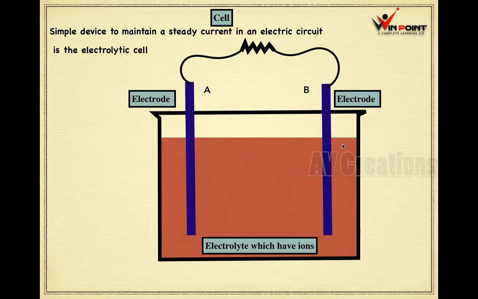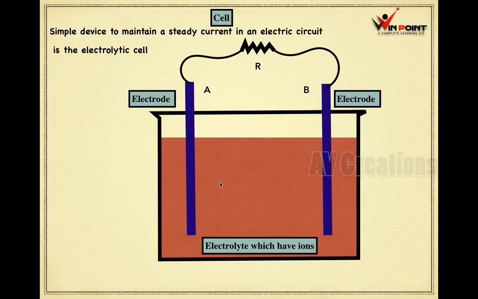Because of these electrode potentials, there will be a potential difference between the two electrode potentials. The difference between two electrode potentials is known as EMF. So electrode potential is the potential difference between electrode and electrolyte, and EMF is the potential difference between the two electrodes.